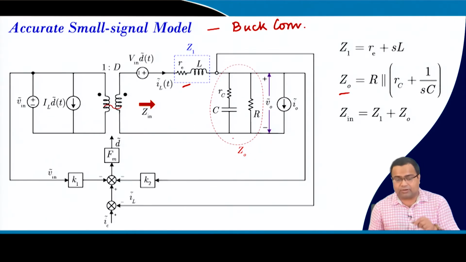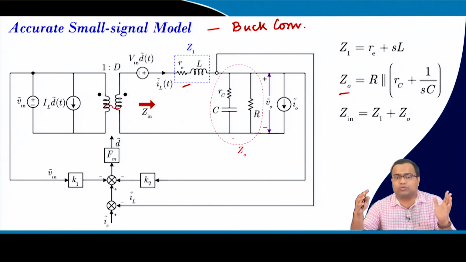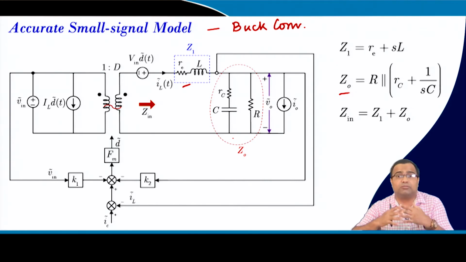But we may want to slow down the current loop, because we are going to talk about average current mode control, where we need to extract the information of the average current, which means we have to slow down the current loop. That is one reason. The other reason is that suppose we have a band limited current sensor, that means the current loop bandwidth is not very high, because we do not have a sufficiently high bandwidth current sensor.